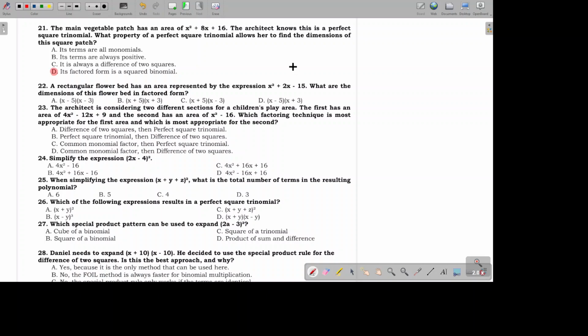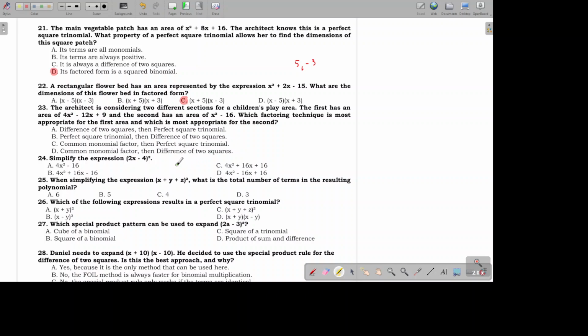So that will be positive 5 and negative 3. Kasi 5 times negative 3 is negative 15, whereas 5 plus negative 3 is 2. So we just have to use these two as addends to x, which is the root of the first term. So x plus 5 times x minus 3 is the answer we are looking for. So x plus 5 times x minus 3 is letter C.